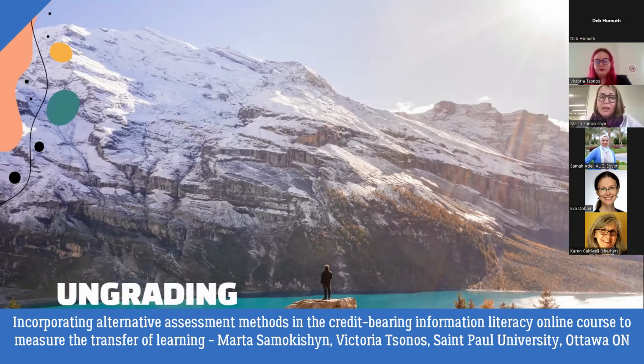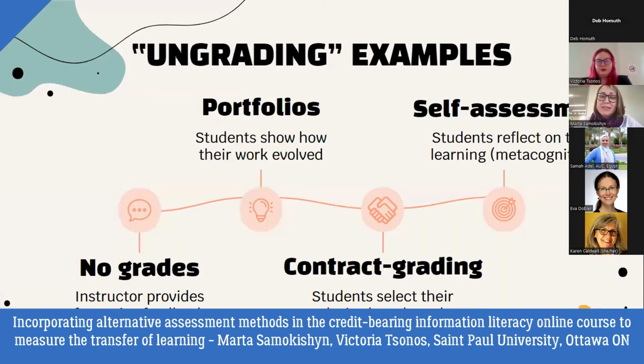So we wanted to actually implement different strategies of ungrading. So as I said, they can range from a variety of different activities. So it could be where instructors provide no grades at all, and instead they offer a lot of formative feedback, as well as there is a peer feedback element.